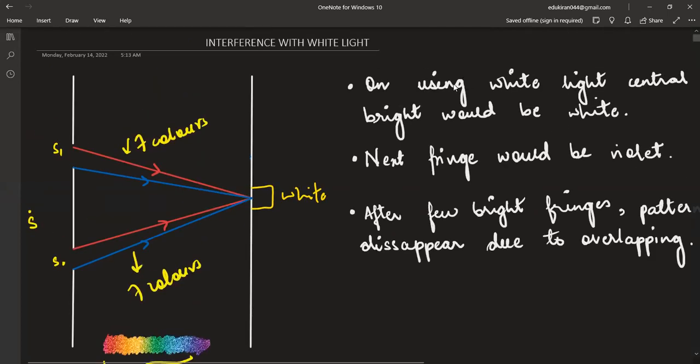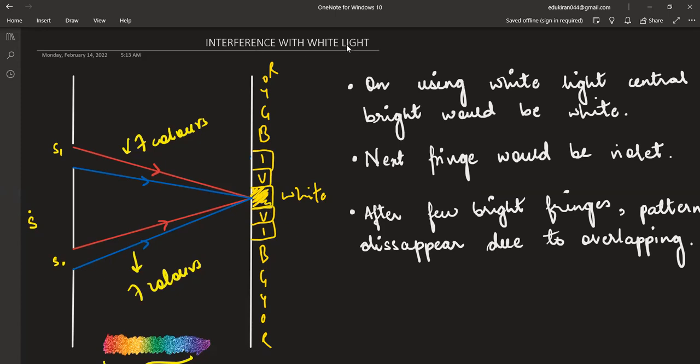Then the next fringe here is violet. Then the next fringe, indigo. Like this till the red one. Entire Vibgyor is completed. Like this, all the fringes are formed. But at the center, this is the white fringe. This is what you get.